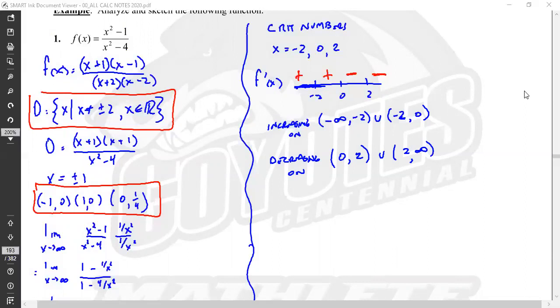We have a relative max where it changes from positive to negative slope. The relative max at (0, 1/4), which we've already found to be our y-intercept. So there's our next piece.